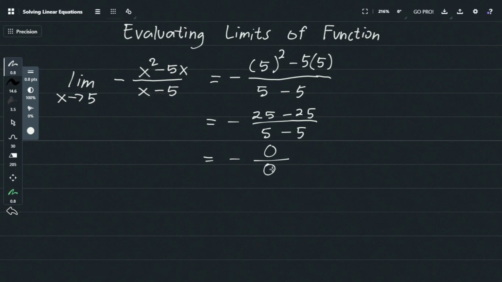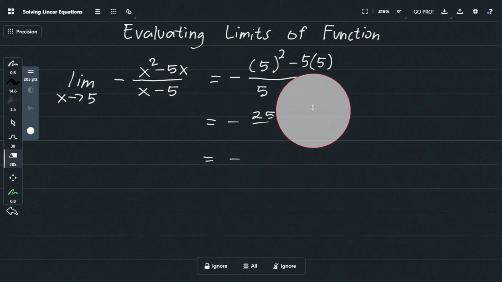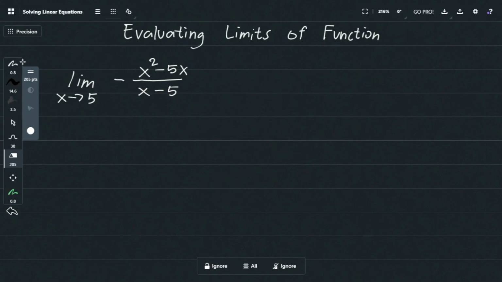And to solve this problem, we're just going to factorize this expression. Okay, so let's try to factorize the expression. So we can factor out x. So x is the common factor. So we'll divide these terms by x.